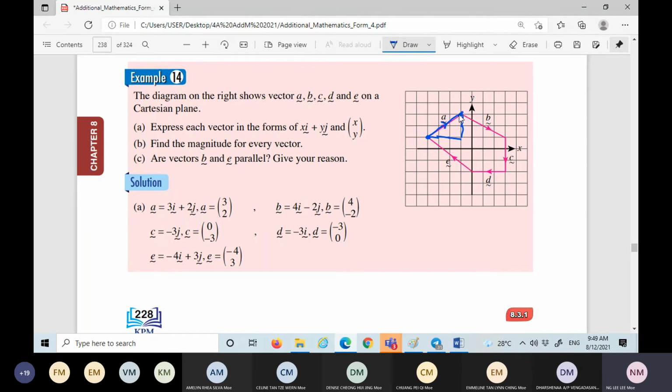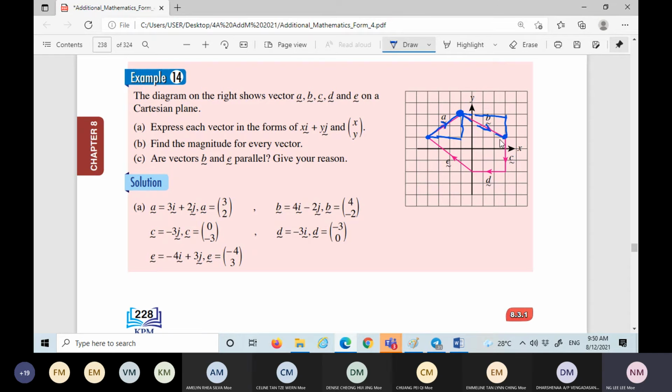How about B? B means from here come to here. Look at the arrow. Go to the right, 1, 2, 3, 4. Going right is positive, so positive 4i. After that, come down. Coming down is negative 1, 2, so negative 2j.